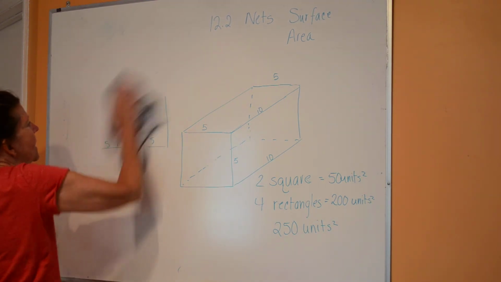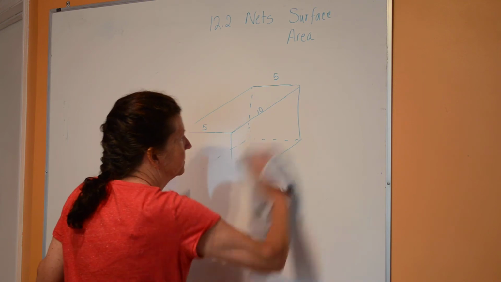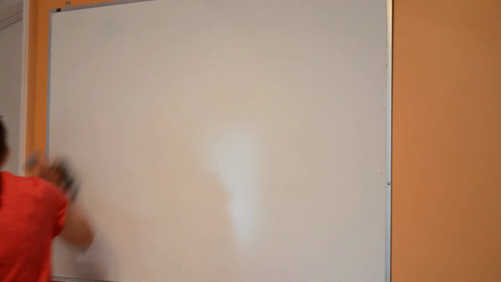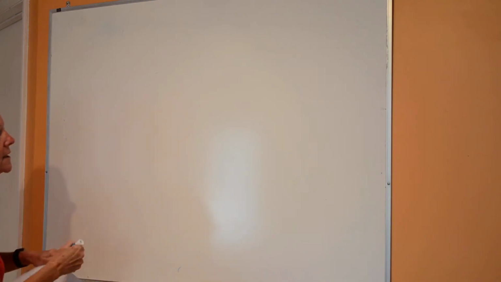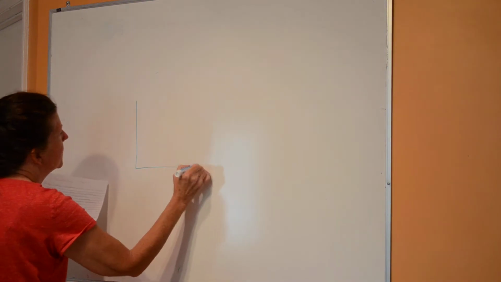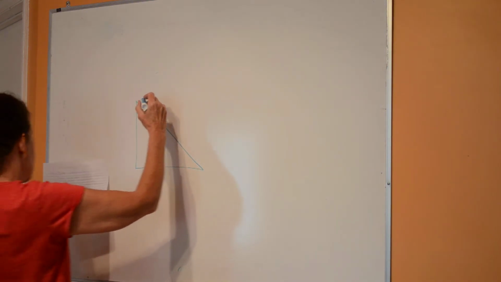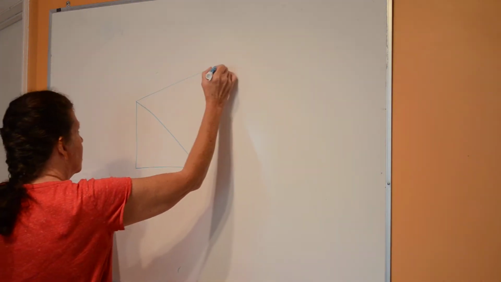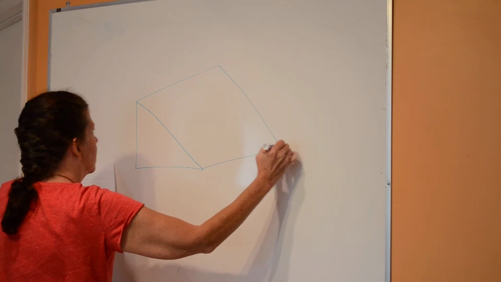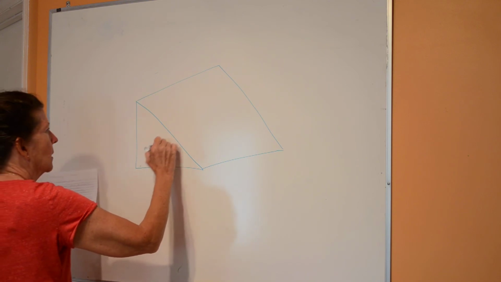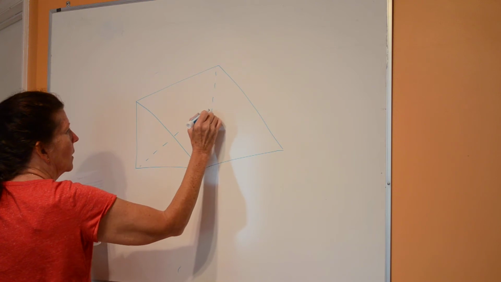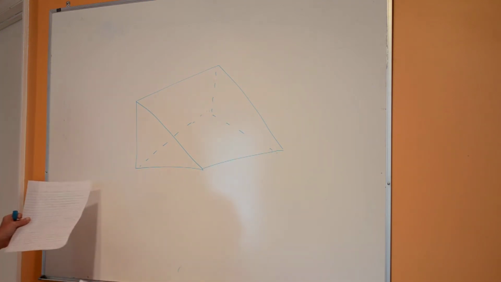This is going to be a rectangular prism. Now remember, actually we'll make it a triangular prism to make it different. Triangular means the bases are the triangles. So I have this as a base, and then that looks a little off.